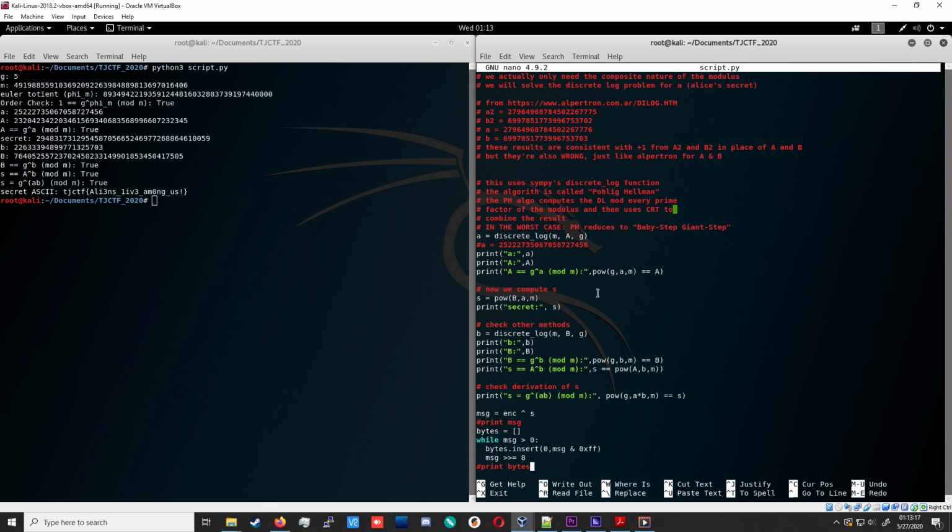Then we compute the secret S as a number, and I check Bob's ability to generate the secret as well. And then I check the general definition of the secret.